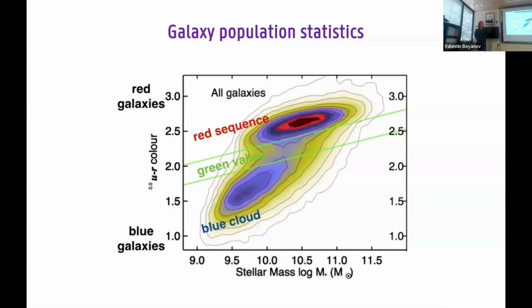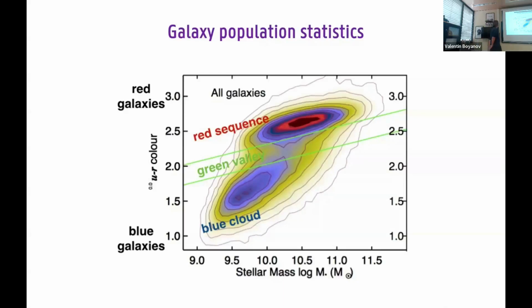We also want to find out or try to explain the population statistics of galaxies, like how many galaxies there are of each type, or even correlations among them. So this is the well-known diagram with stellar mass on the horizontal axis and color on the vertical axis, and you see there are two major galaxy populations.